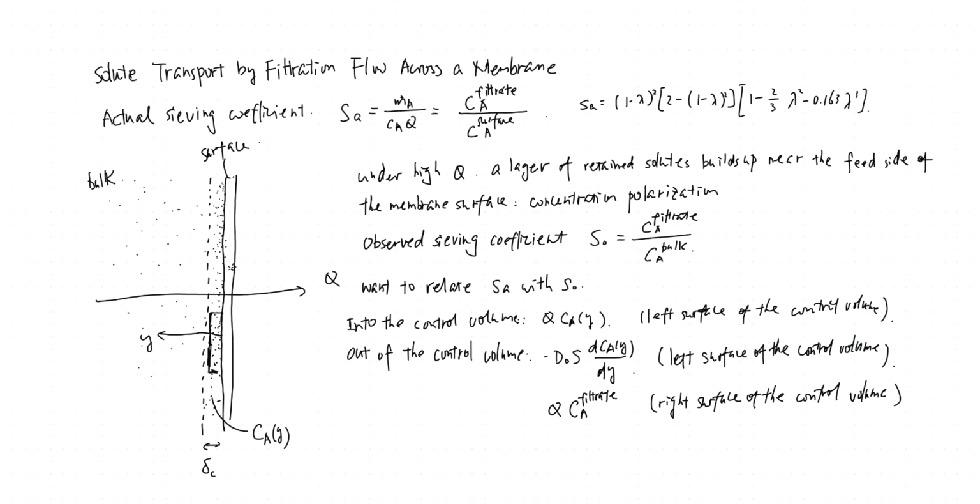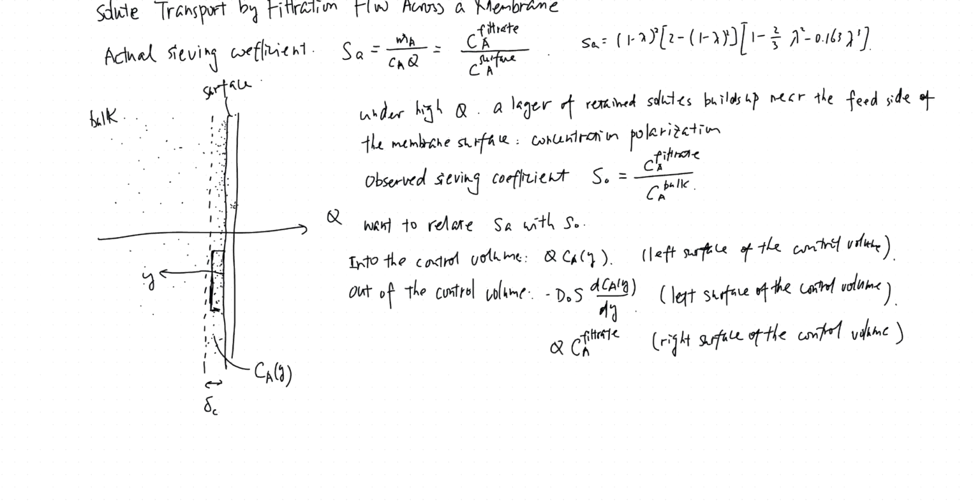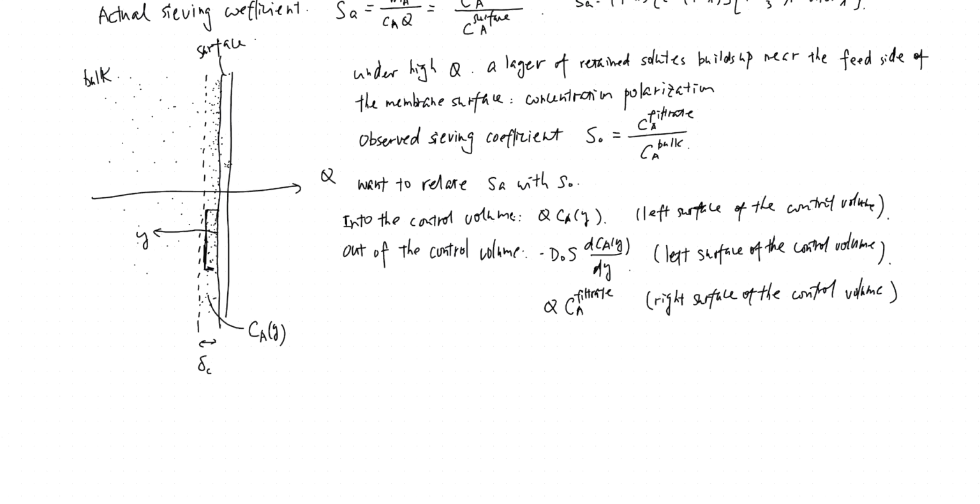So on the mass balance, in equals out. So you have Q Ca as a function of y equals minus D naught dCa/dy plus Q Ca filtrate. Now you can rewrite these terms.